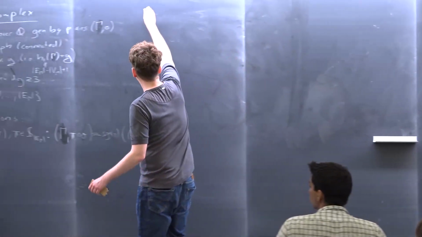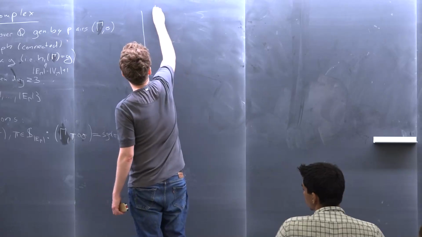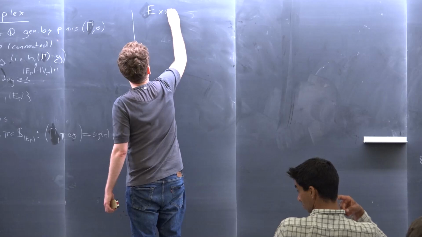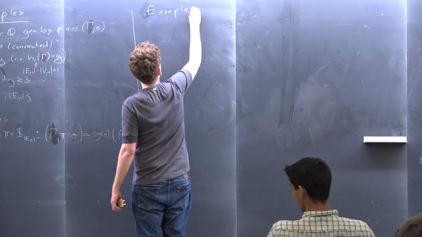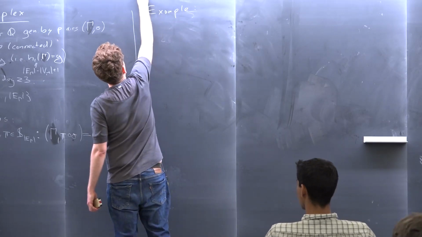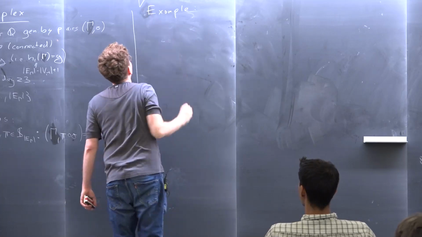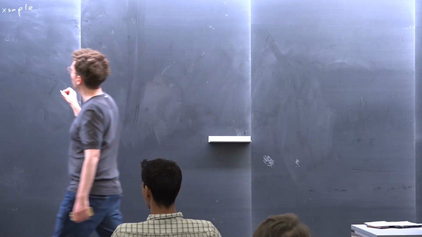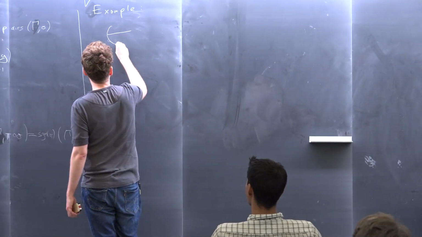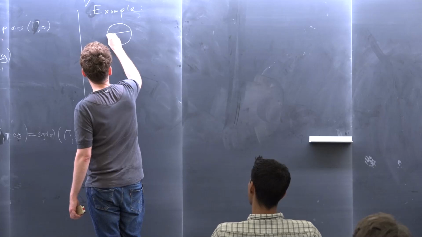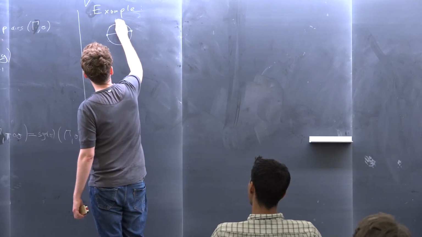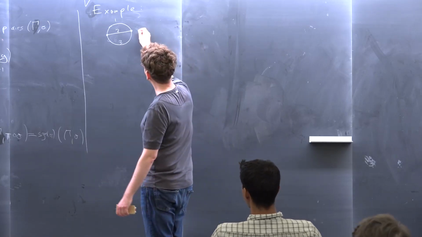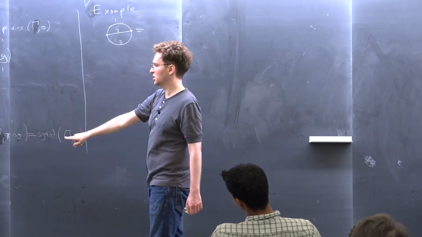Here's an example. All right, actually, I start with a non-example. Take this graph here, and we assign numbers to all the edges. And then we are allowed to use the relation.